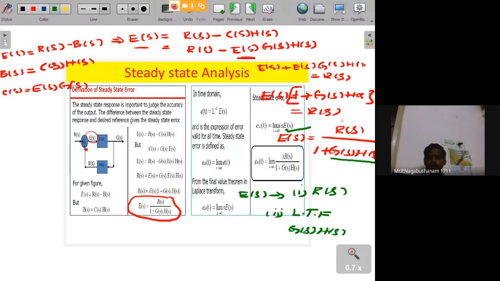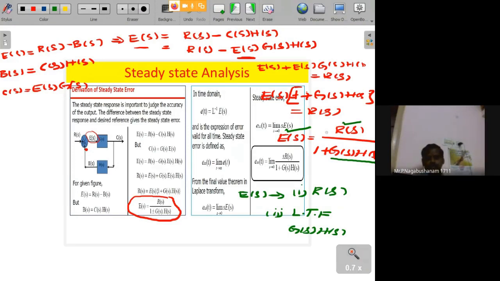E of S depends upon the loop transfer function and upon the type of input. That error is finite, or 0, or infinity, depending upon what type of input you are giving to the system, and also upon the type number of the loop transfer function.